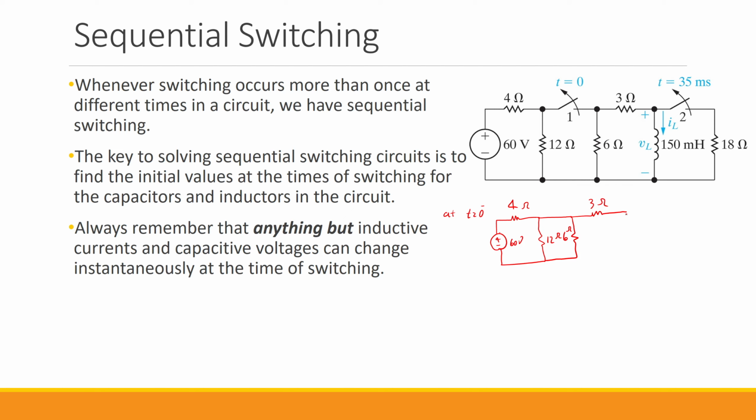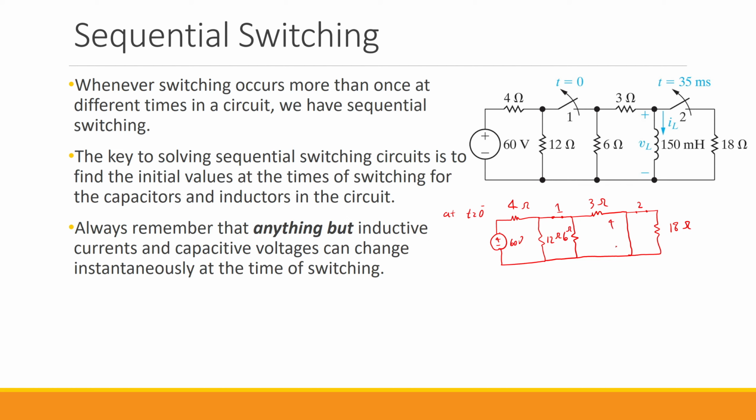We know that the inductor is now acting as a short circuit, so I simply draw it as a wire, and then we have this 18 ohm resistor. Here we have switch 1, here we have switch 2, both in the closed position.